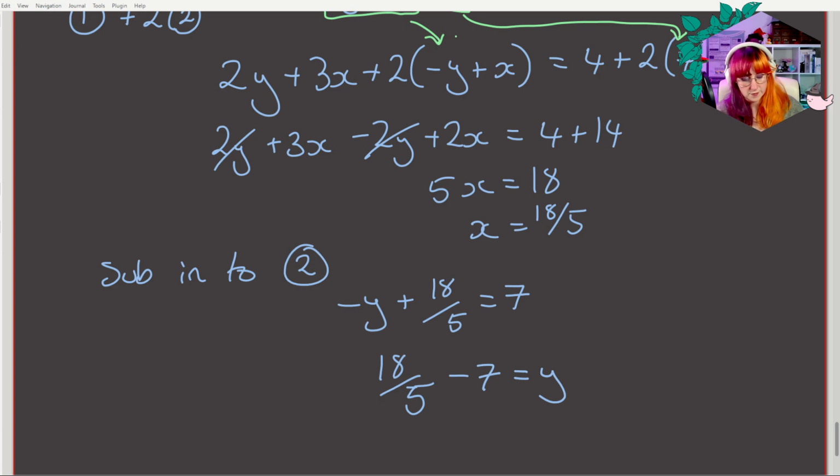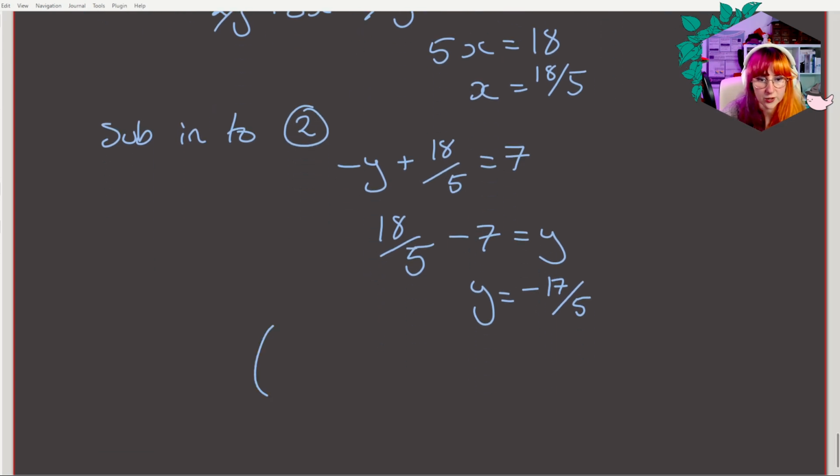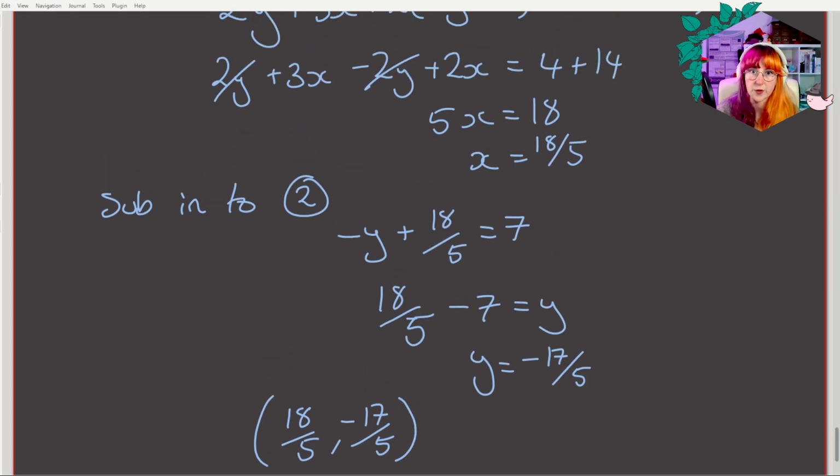And that's a value I don't want to do in my head. Y is minus 17 over 5. And that gives us our coordinate pair, 18 over 5, minus 17 over 5, is the solution to both of these equations.